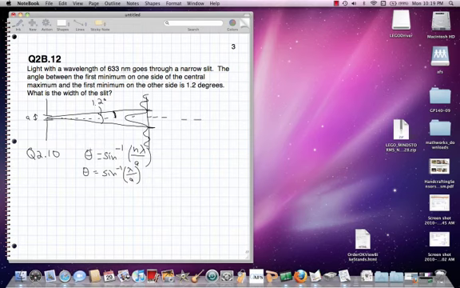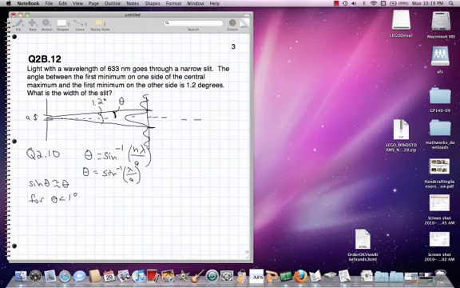So theta is equal to 0.6 degrees. For the small angle approximation, when my angle is less than 1 degree, sine theta is about equal to theta.